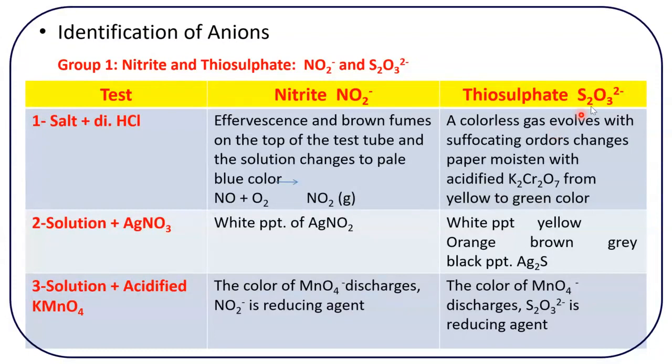By the way, the reaction of thiosulfate is very weak. Maybe you cannot see the effervescence, but you will smell a suffocating odor gas. And if you put a paper moistened with acidified potassium dichromate, this gas changes it from yellow to green.